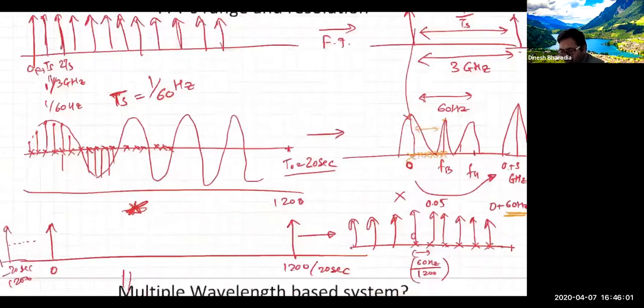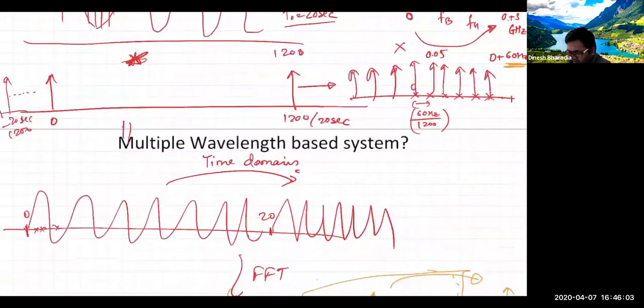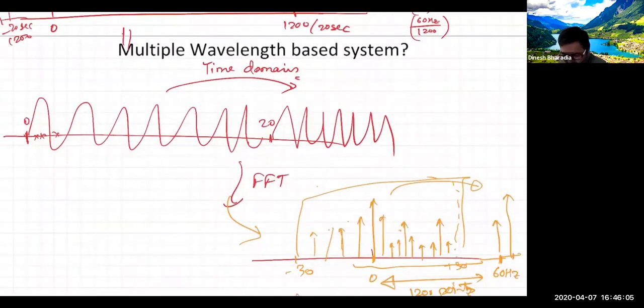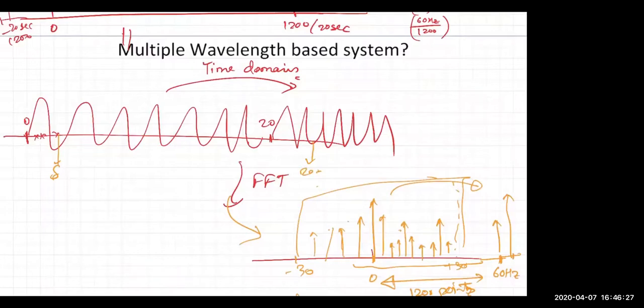So now let's go over this example to just quickly nail it down. In this time domain, if the process occurred at time 0 or at time delta, let's say some event occurred at time delta here, versus some event occurred at T0 plus delta, they will look the same.